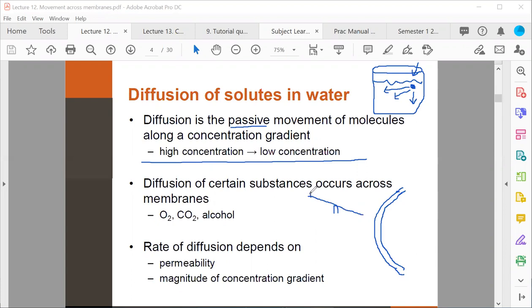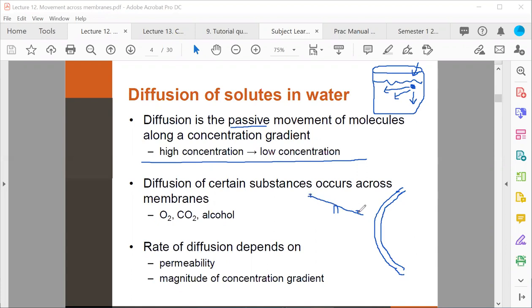If you can imagine a seesaw. This is a really good example. Imagine a seesaw where one end is completely up and the other end is completely down, and this represents a concentration gradient.